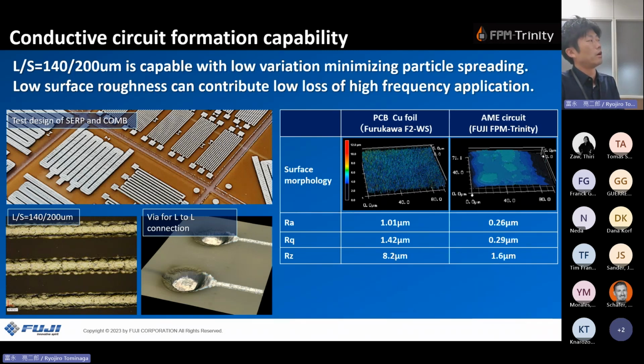By that process, Ra and Rq are more than 1 micrometer. But in the case of AME, the printed circuit has a very smooth surface profile, and Ra and Rq are both less than 0.3 micrometer. So this means low loss for high frequency targets, because this smooth surface profile can minimize the skin effect. So we are expecting application in high frequency transfer fields.